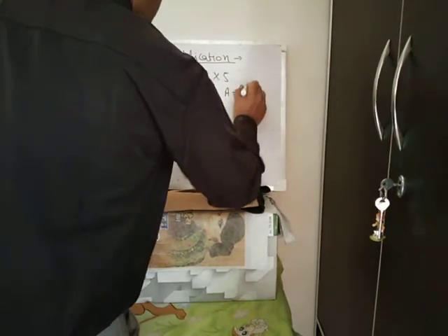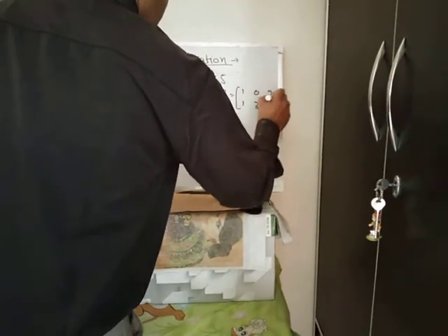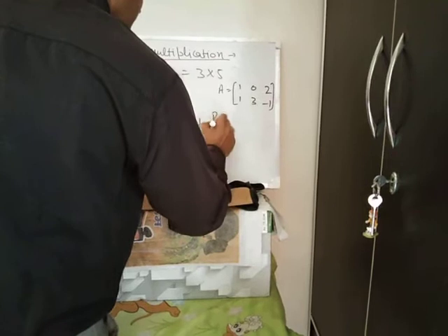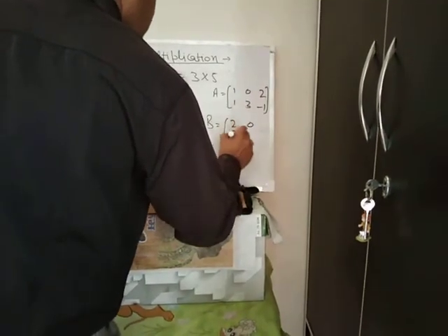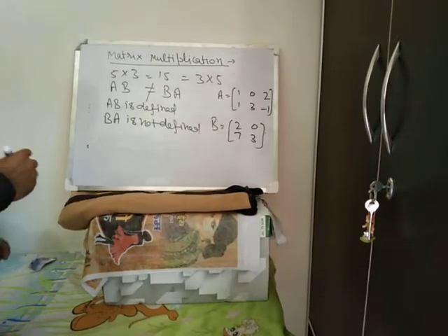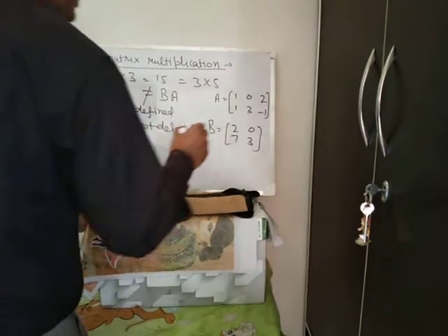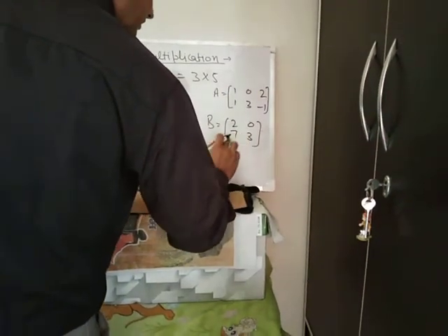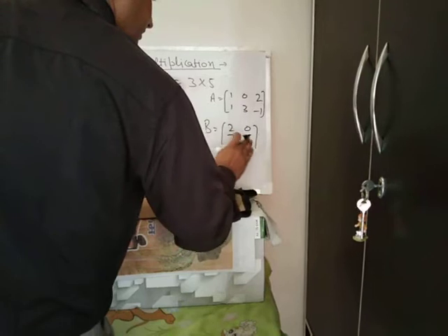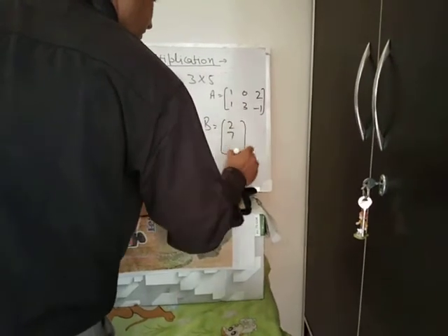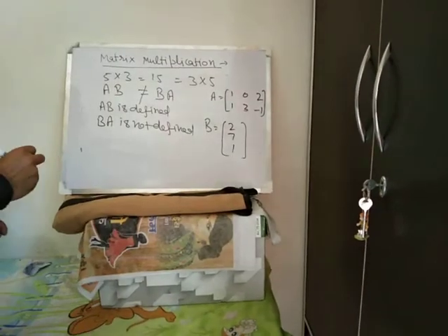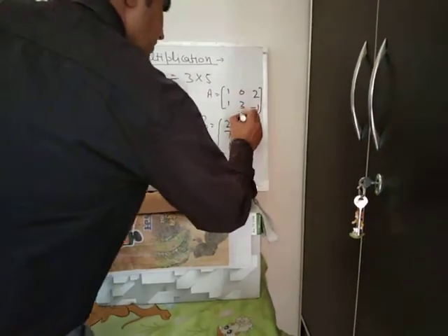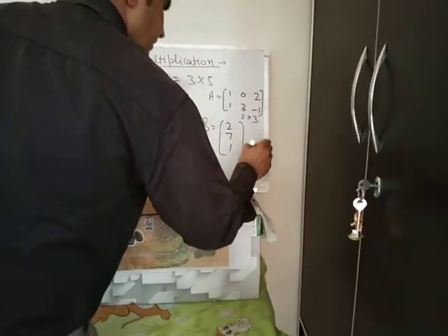A is 1, 1, 0, 3, 2, minus 1 and B is 2, 0, 7, 3, a column matrix. A has order 2 by 3, B has order 3 by 1.